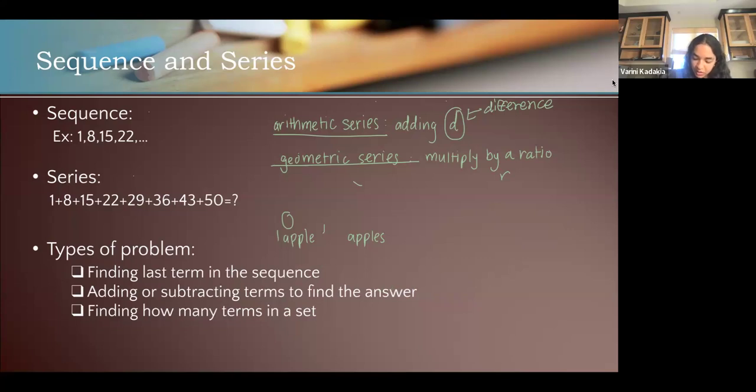Let me make sure we all understand what a geometric series is. It's where you multiply by something to get your other terms. So if I had one apple and I multiplied that one apple by, let's say, 2, then my next term would have 2 apples, right? And then the ratio between these two terms would be 2 apples over 1 apple, right? So our r would be equal to 2.